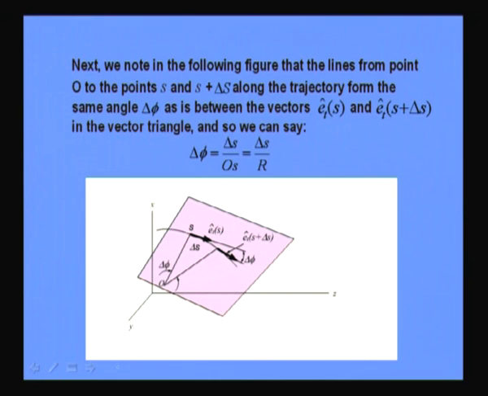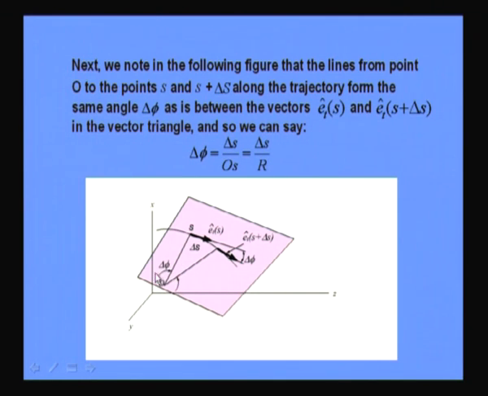Next we note in this figure that the lines from point O to point S and S plus delta S along the trajectory form the same angle delta phi as is between the vectors ET at S and ET at S plus delta S, because the angle between the normals to these two vectors will also be delta phi.